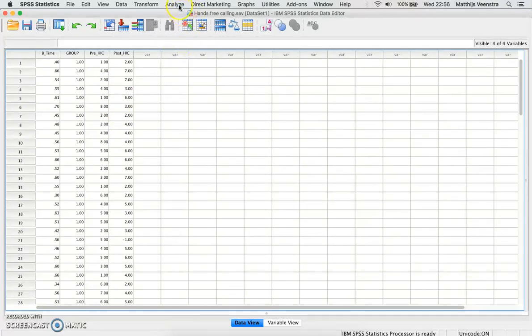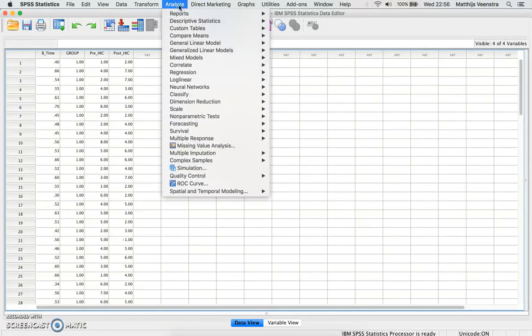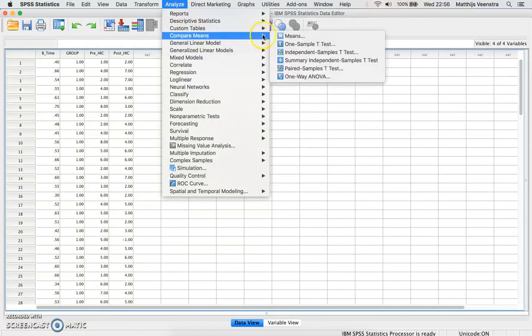Okay, the way to test this, so the principle here, is exactly the same as with an independent t-test, only the flavor is different. Now, how to perform this test? Go to Analyze, Compare Means, and then Paired Samples t-test.